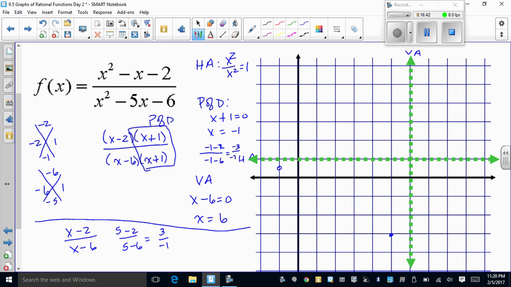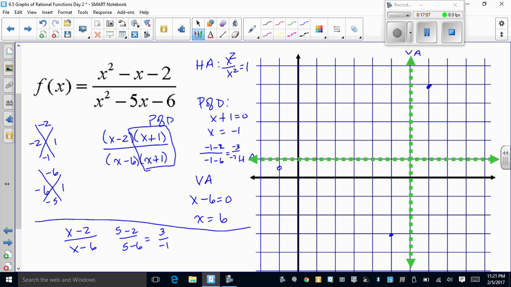And there's that point. If you wanted to do this one, you can, but it's not going to work very well. So I'll just go to 7. Oh, this is 6, so this is 7.